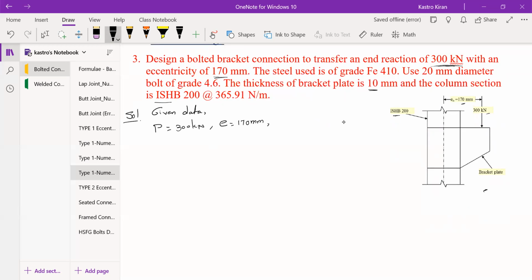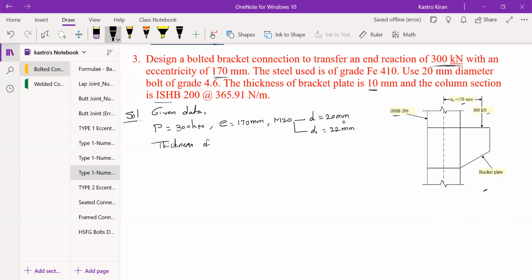The bolts are M20 bolts, so the diameter of bolt D equals 20 mm, and to provide 20 mm bolts we need to provide a bolt hole of 22 mm diameter. The thickness of the bracket plate is also given, which is 10 mm.